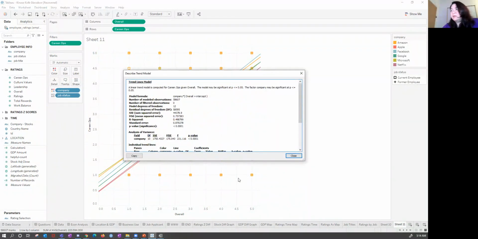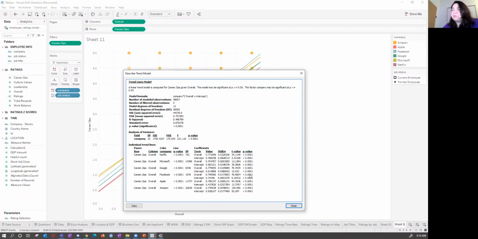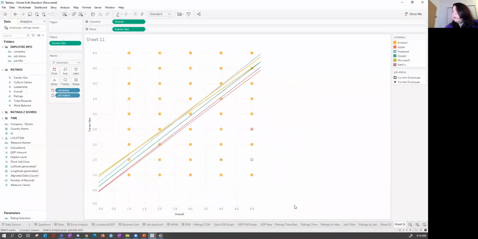And then for the folks that have gone through the stat stuff, you get all this stuff in here. So you see that it's all significant, it's all beautiful. Gives you like degrees of freedom and everything in here. So that is our correlations, or our scatter plots, really.